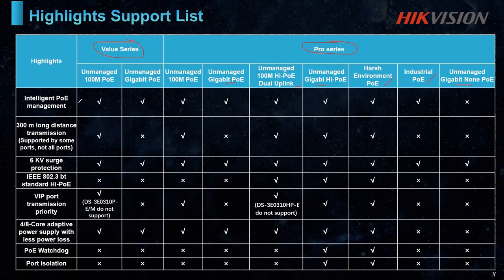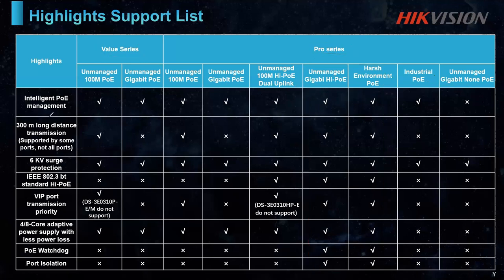So as you can see, if you look at this table, it will explain which switches have these features. Mostly you can see unmanaged gigabit high PoE switches and harsh environment PoE switches have all these features built into their switches, which is a very good thing when we compare the products.